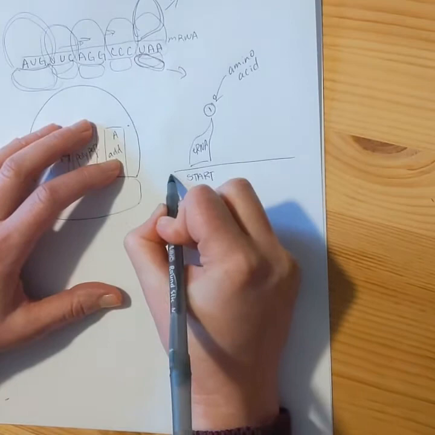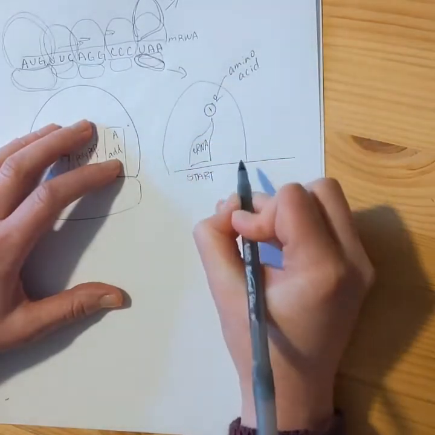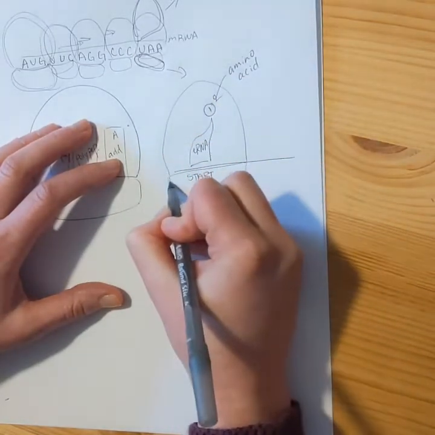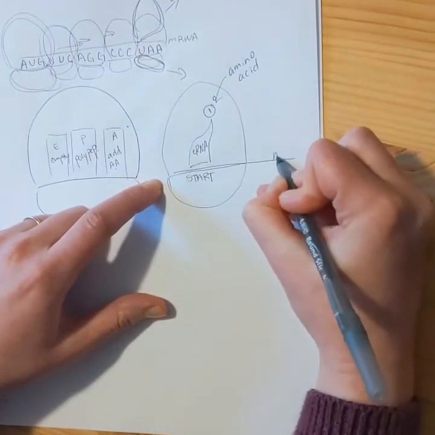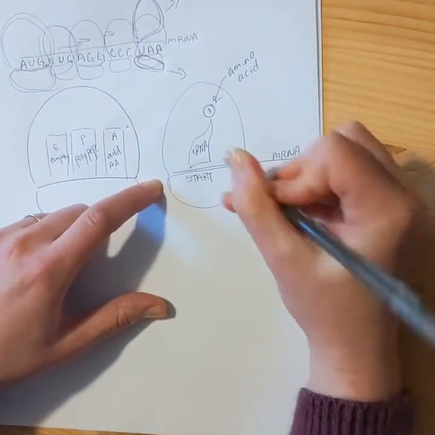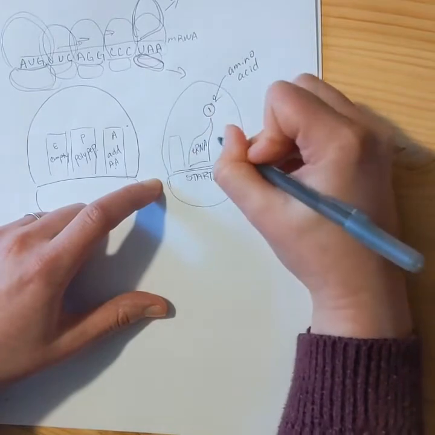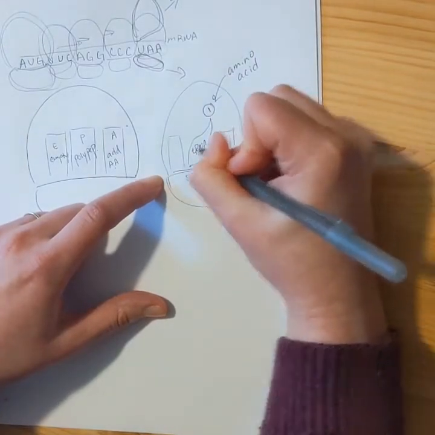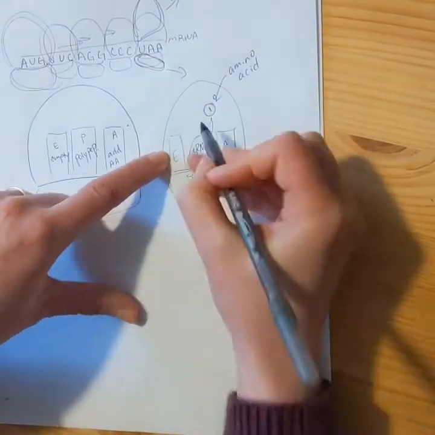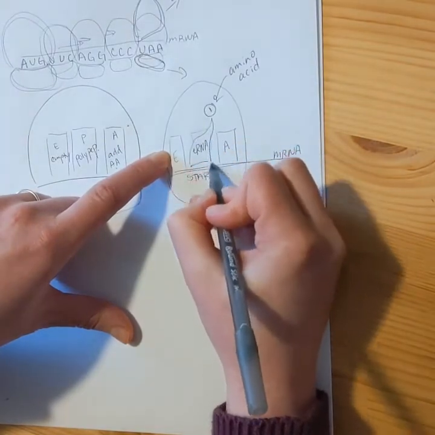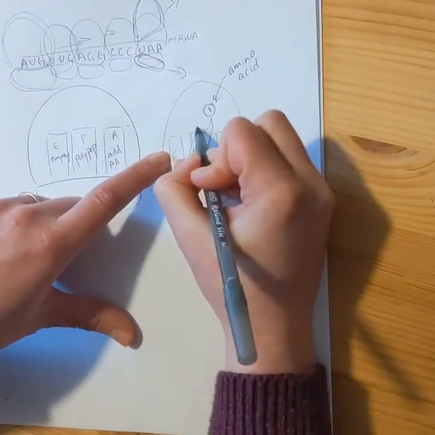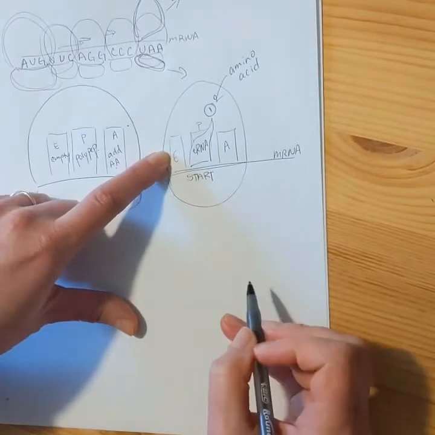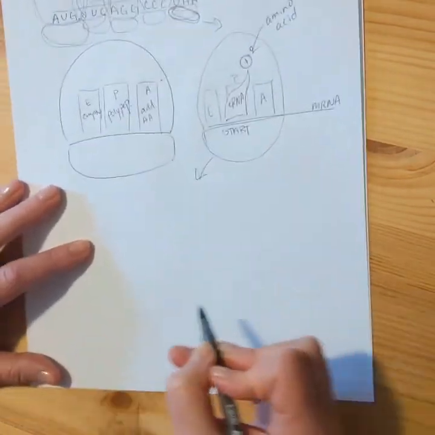Now my large subunit and my small subunit of my ribosome will sit on my mRNA, and my E site and my A site are empty. So the first tRNA is sitting in the P site. Here's what happens next.